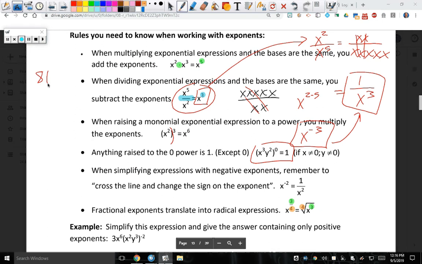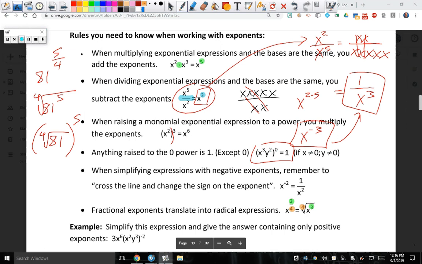So let's say that I had for you 81 to the power of 5/4. What should we do? We have 2 options. We can take 81 and raise it to the 5th power and then take the 4th root. Hopefully no one wants to do that. Or we could take the 81's 4th root and then raise that to the 5th.